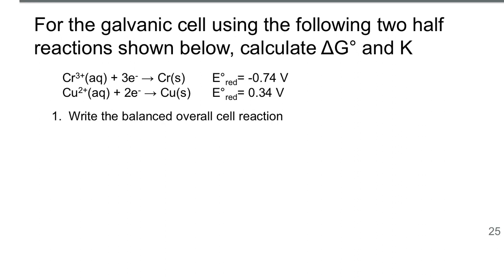All right, so my approach for figuring this out: the first thing I want to do is figure out which of these half reactions I need to flip. Which one's going to be the reduction half reaction, which one's going to be the oxidation half reaction. And so I'm going to look at my equation for the cell potential.